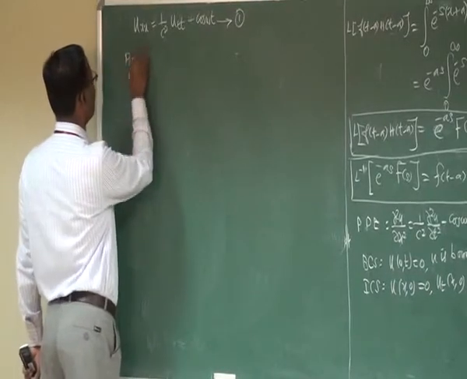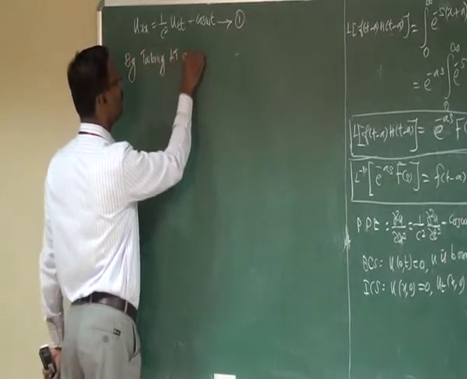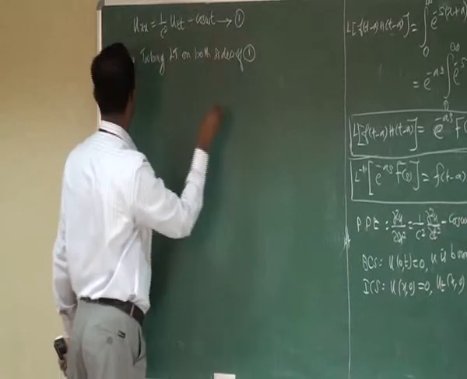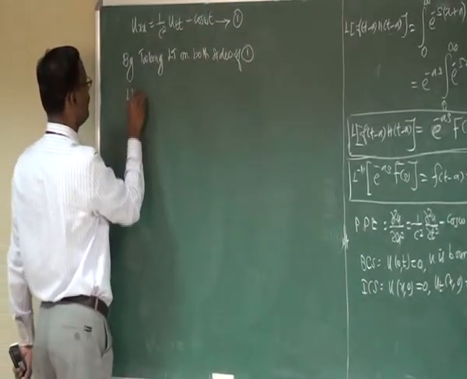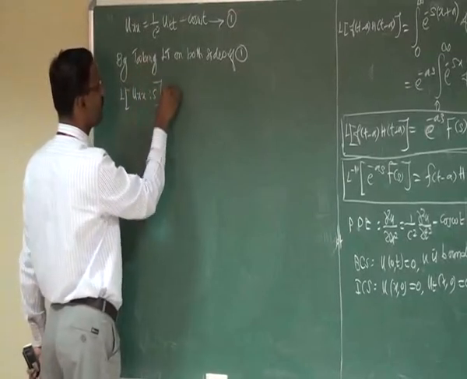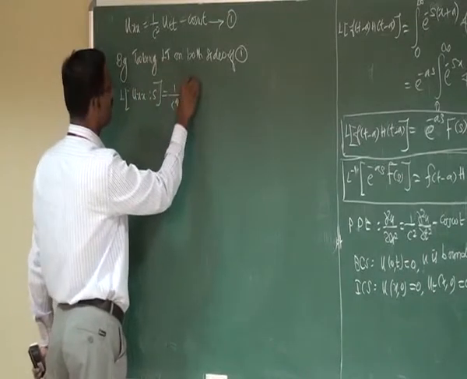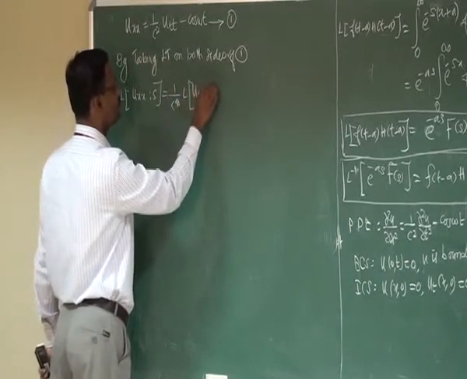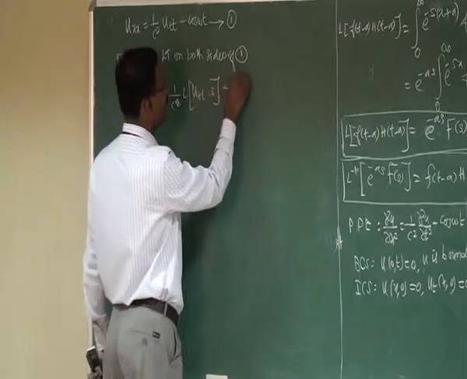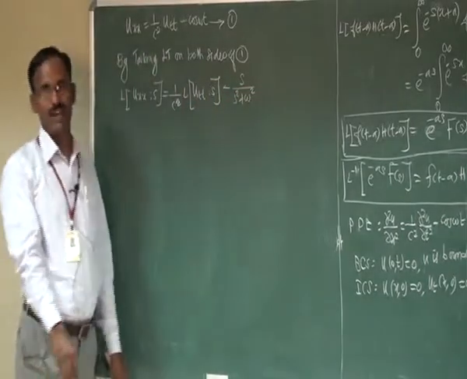Now by taking the Laplace transform on both sides of equation number 1, we have the Laplace transform of dou square u by dou x square. Here 1 by c square is a constant, so the Laplace transform of dou square u by dou t square minus the Laplace transform of cos omega t, which is s by s square plus omega square.